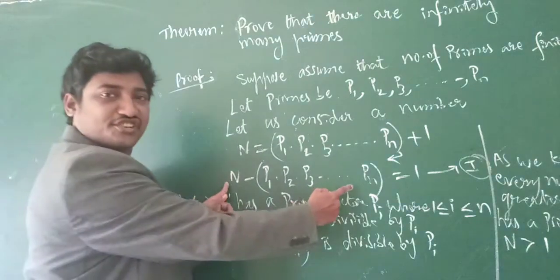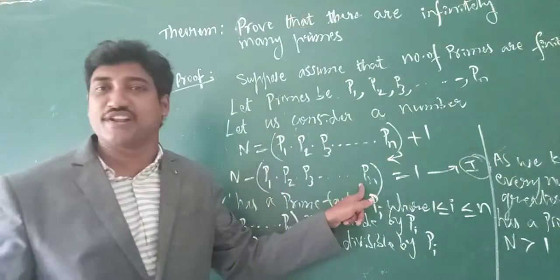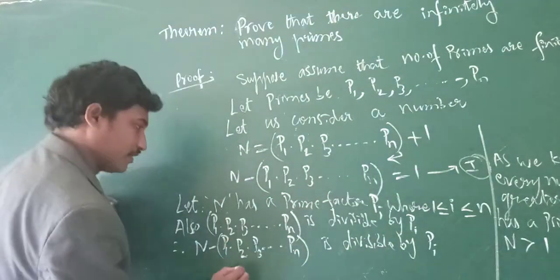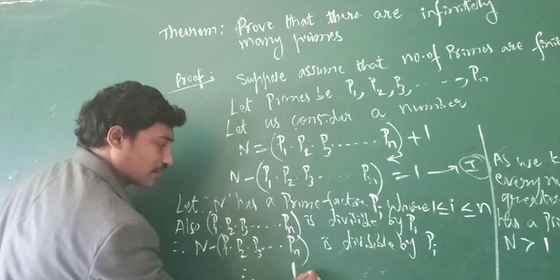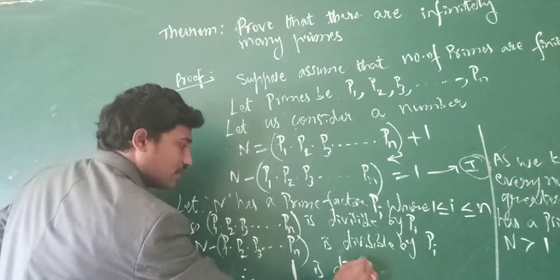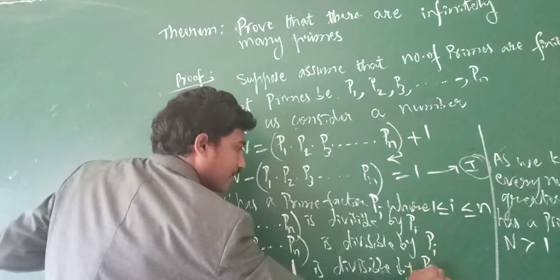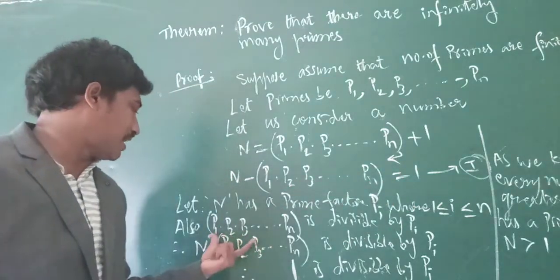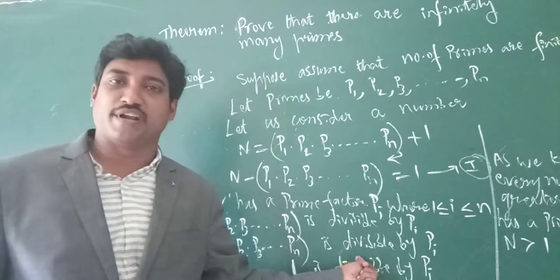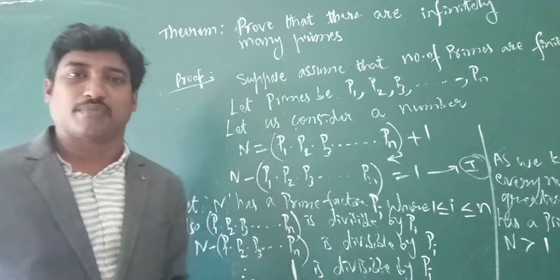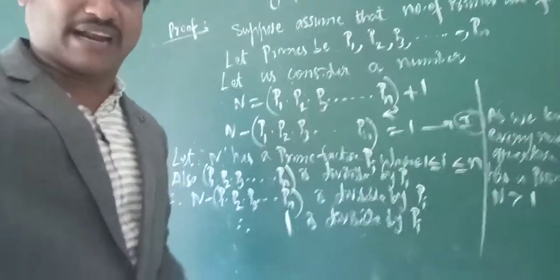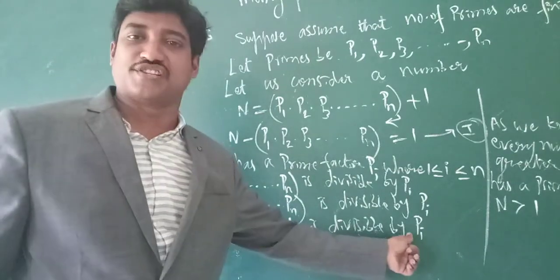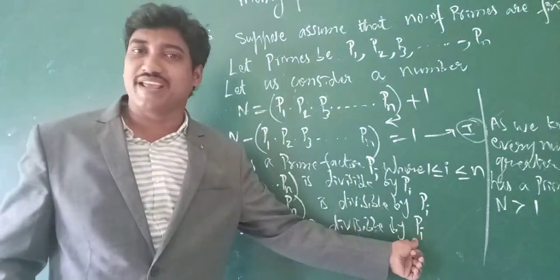Now observe this equation. In this equation the LHS, N minus P1 into P2 into P3 and so on Pn, is divisible by Pi. So the RHS, 1, should be divisible by Pi. But this statement is wrong, as we took Pi as a prime.